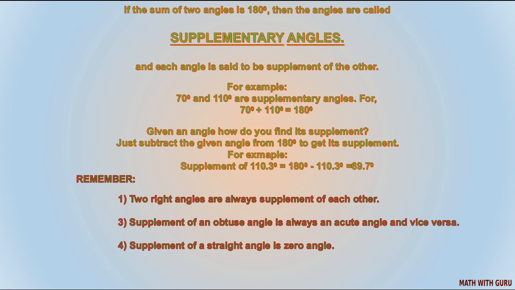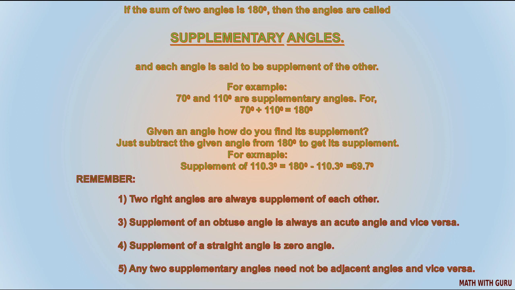The supplement of zero angle is a straight angle. Any two supplementary angles need not be adjacent angles, and any two adjacent angles need not be supplementary angles. In fact, two supplementary angles can be separate angles.